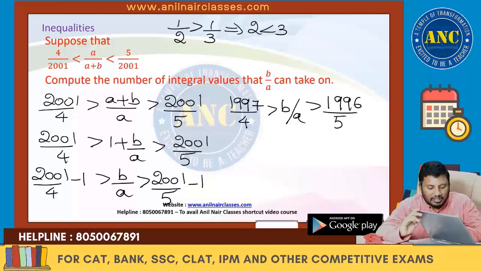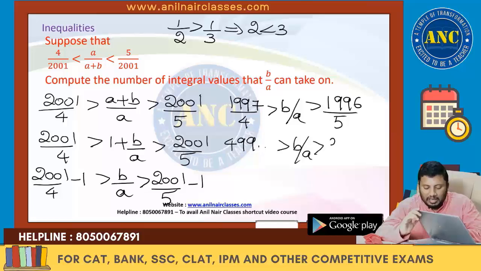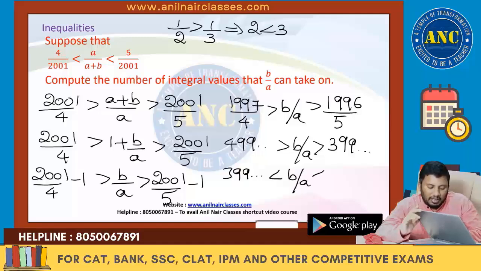So 4 3s are 12, 4 9s are 36, 499 point something greater than b by a greater than, 5 3s are 15, 5 9s are 45, 399 point something, less than b by a, less than 499 point something.